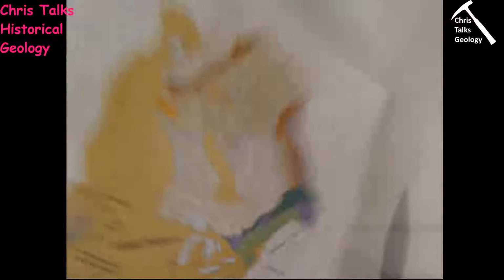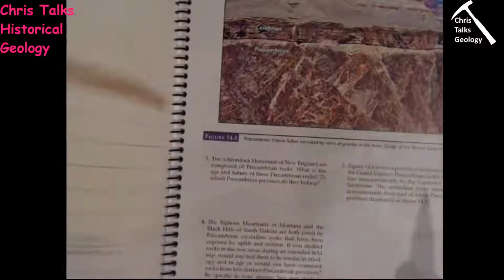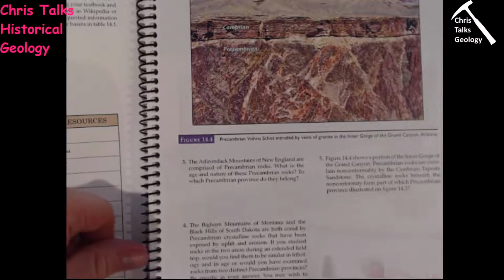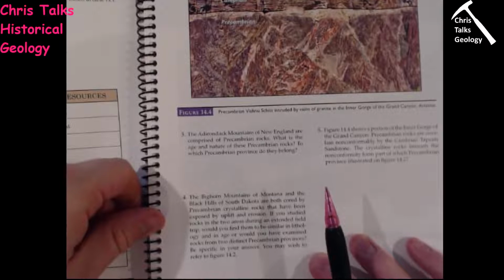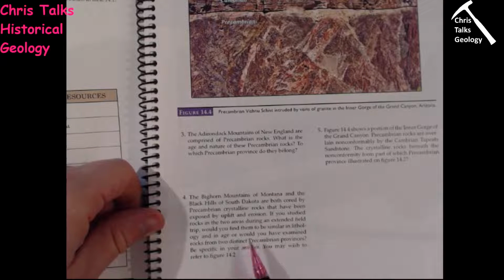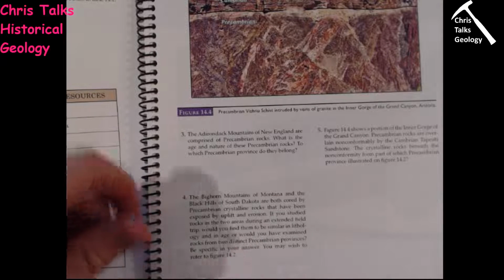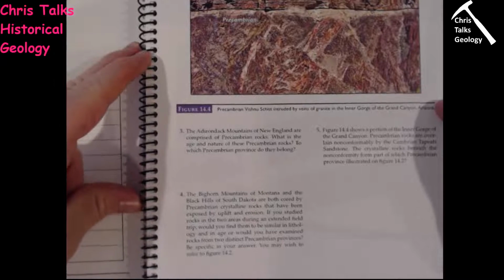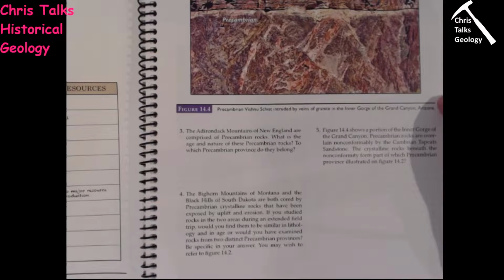Now once you have the location, that's obviously going to help you answer questions like, where are we? Would we expect to find similar lithologies? What would be the ages? What would be the geologic history of the rocks? So you'd be able to answer that as soon as you work out which province these two areas are located in.